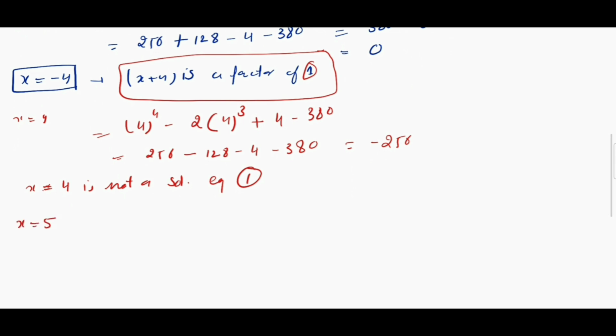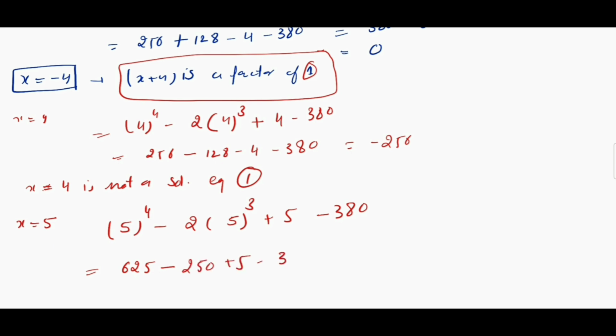x is equal to 5 in our given biquadratic equation. We'll get 5 raised to power 4 minus 2 times 5 raised to power 3 plus 5 minus 380, which is equal to 625 minus 250 plus 5 minus 380.